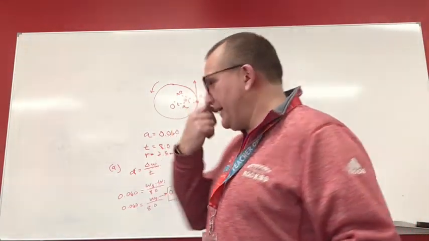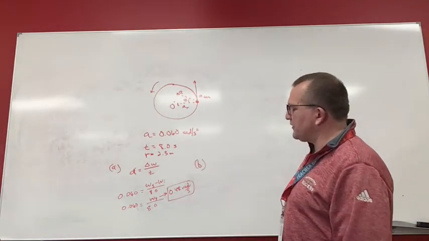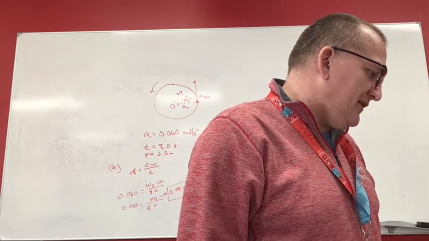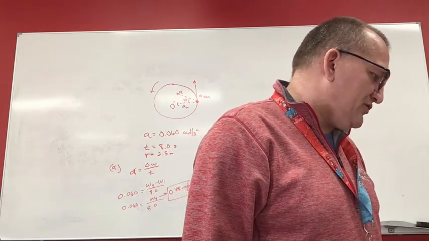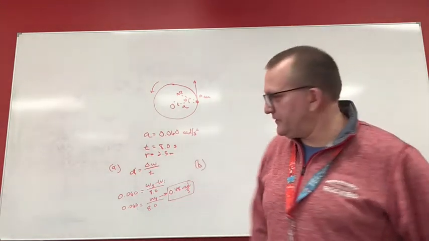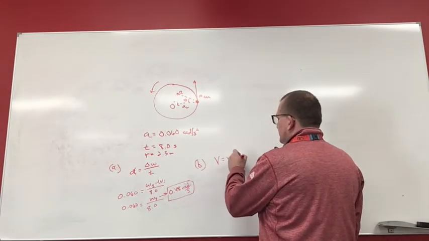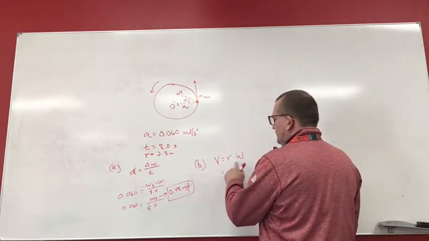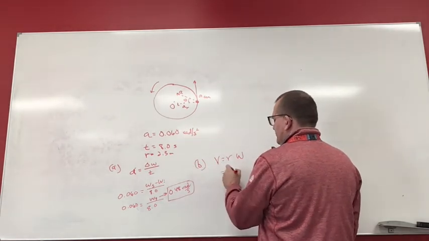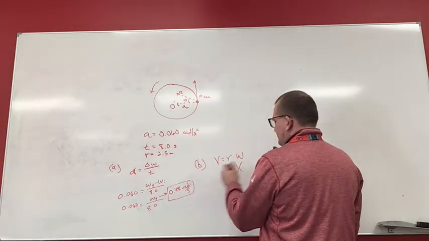So now that's our angular velocity. Now we want to put it in linear velocity, and the equation that we showed you to use is v equals r omega. So linear velocity is radius times angular velocity. My radius is 2.5 meters, and my answer here is 0.48.